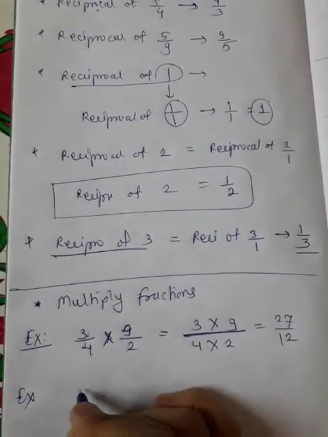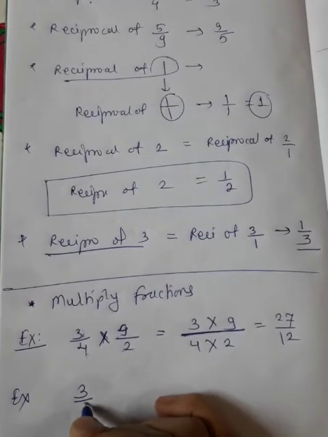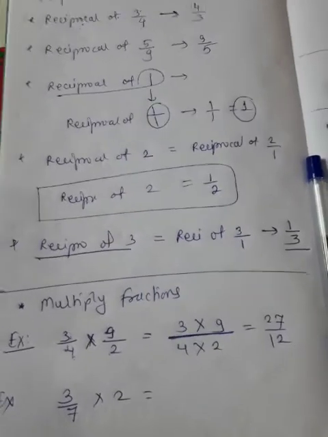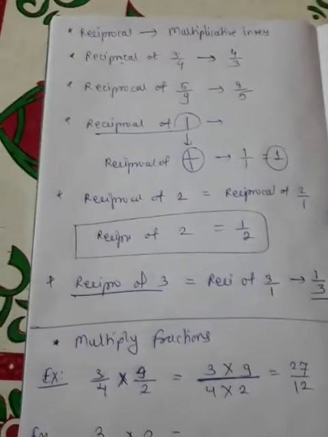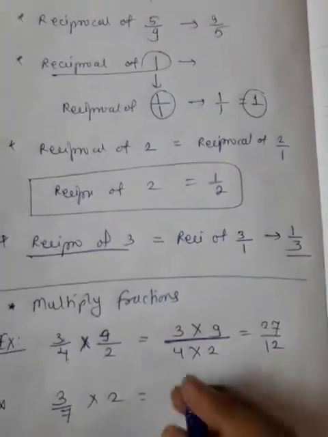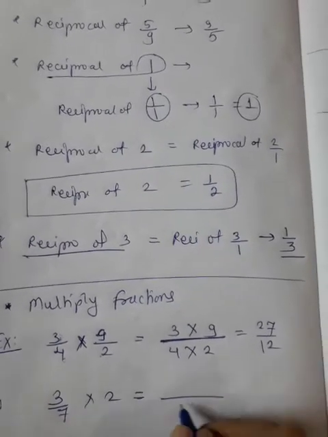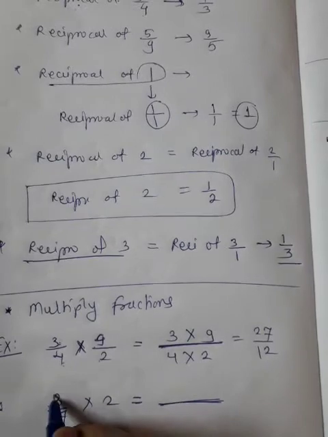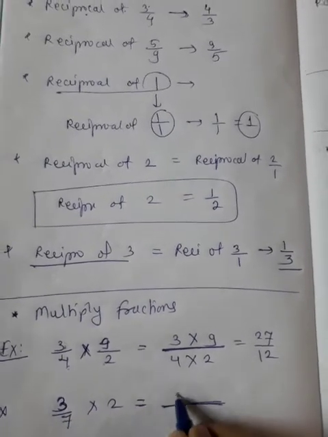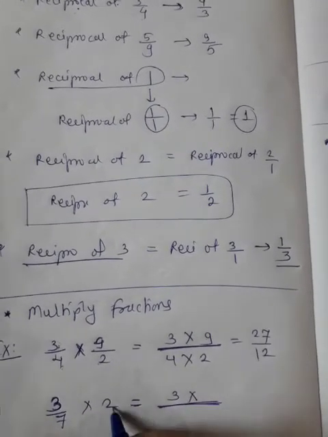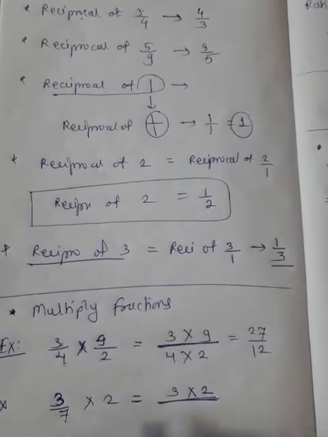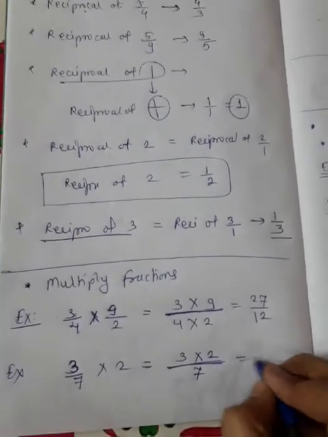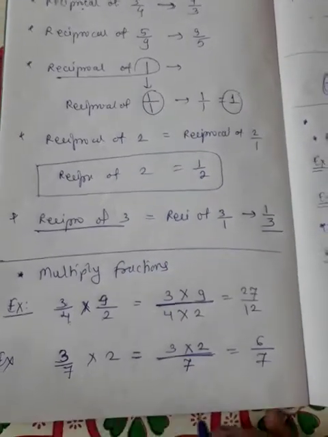So how to multiply a fraction by a number? Whenever we multiply a fraction by a number, in the product, the numerator is first the numerator of the fraction multiplied by this number, and we write the denominator the same as the denominator of the fraction. So we get 6 by 7.